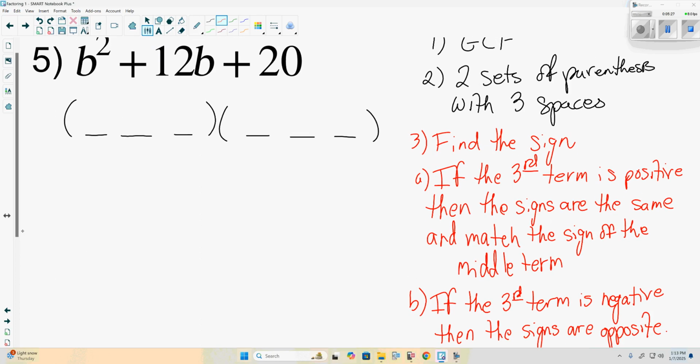So if we look at this here, the third term in our case is positive. So the signs are the same and match the sign of the middle term, which is also positive. So the signs for our factors are both positive.